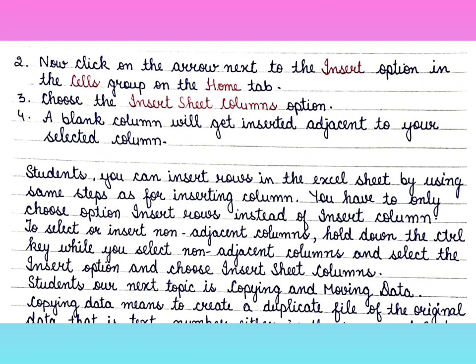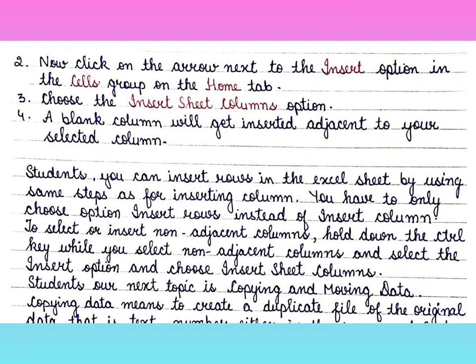Students, you can insert rows in the Excel sheet by using the same steps as for inserting a column. You have to only choose the option insert rows instead of insert columns.